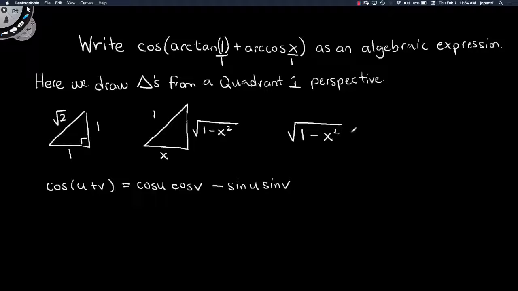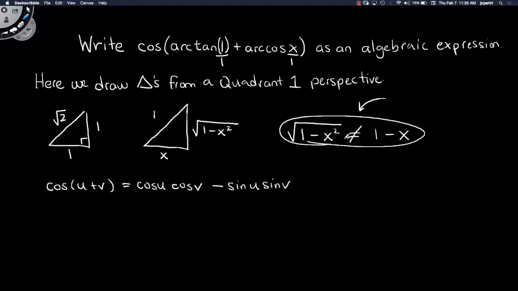The square root of a difference is not equal to the square root of the parts. The square root of a minus b is not equal to the square root of a minus the square root of b. It doesn't work that way. So that is the simplified form.